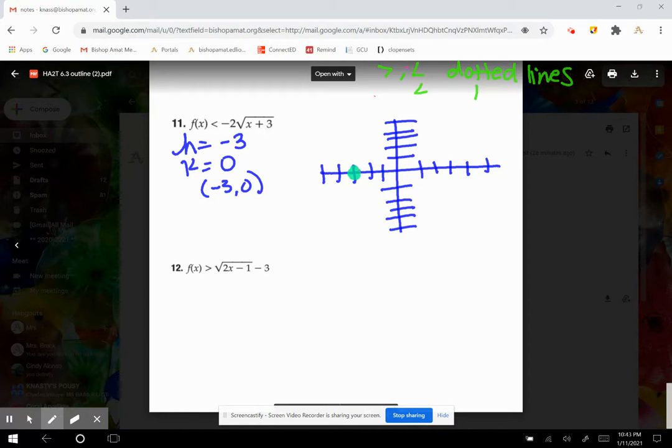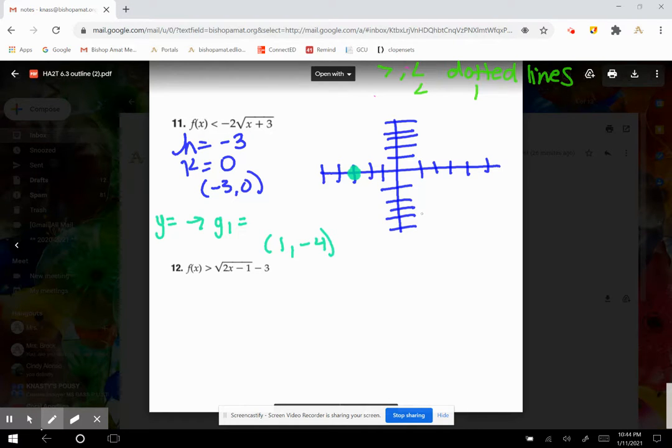We're going to use our calculator to figure out that second point. So you're going to type in your calculator, go to y equals. Then go to y1 and type that equation in: -2 square root of x plus 3. You're going to graph it. Like I said, get that next point. I did a whole one, so the next point I'm going to pull out is 1, -4.